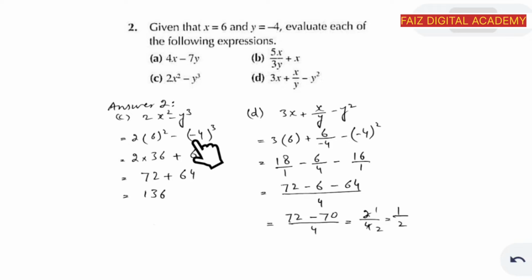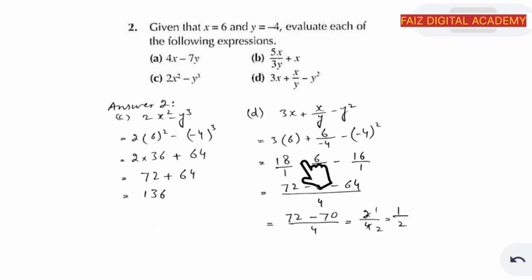In a square the minus is changed into plus, but in a cube the minus will always be there, so minus minus is plus, and 4 cubed is 64, and then we add 72 and 64 to get the answer 136.